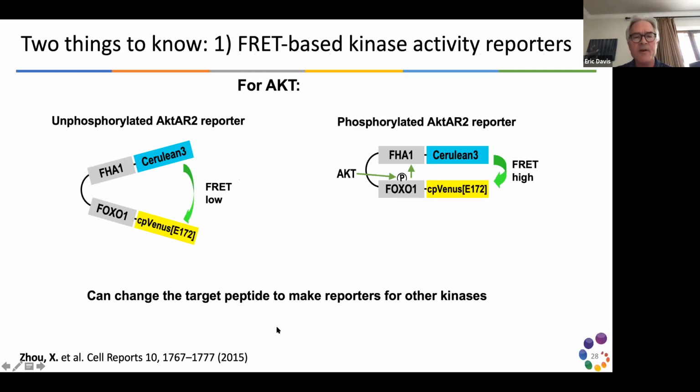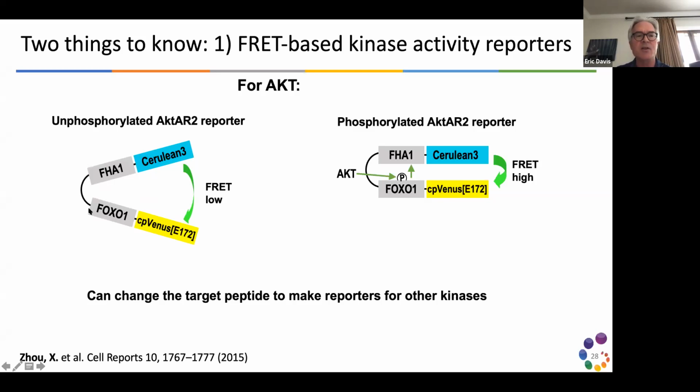So for my presentation, you need to know 2 key things. One is that there are kinase activity reporters that use FRET. In this case, it's for the kinase AKT. There's an artificial molecule that has to be expressed in cells of interest. This is a single protein that has the donor fluor at one end and the acceptor at the other.